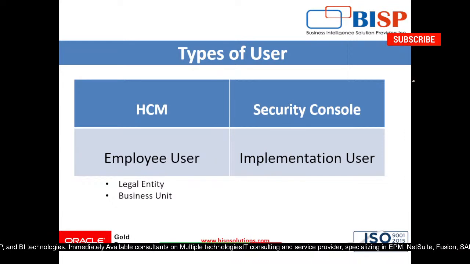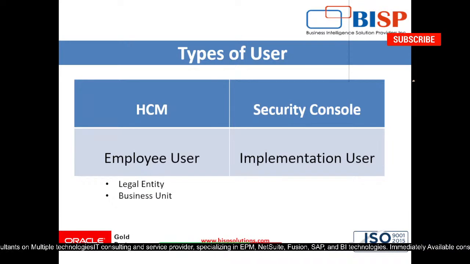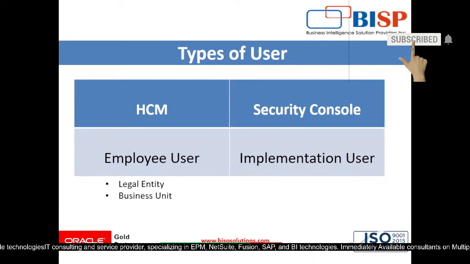If you don't associate a legal entity with the LDG, then you cannot use the legal entity at the time of user creation. So firstly, before creation of the employee user, you have to create the legislative data group, then you assign the legislative data group to the legal entity.